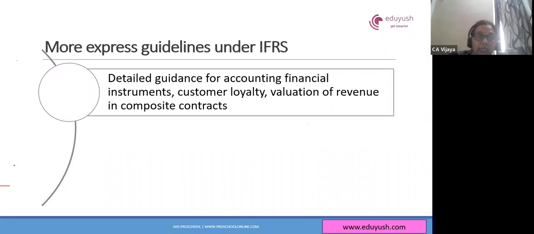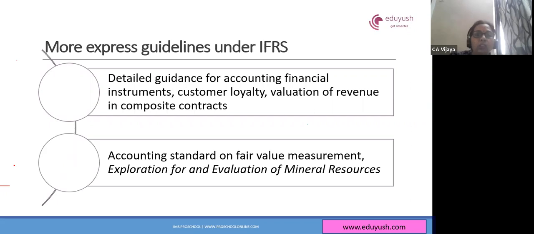But the existing standard has got so upgraded, which is taking care of various kinds of anomalies which you may come across, and you may need to have more guidance. Also, when it comes to evaluation and exploration for mineral resources, there are accounting standards. We have an accounting standard on fair value measurement. That is, how do you apply fair values? How do you decide fair values? So there is a lot of extensive guidance on accounting standards under IFRS.